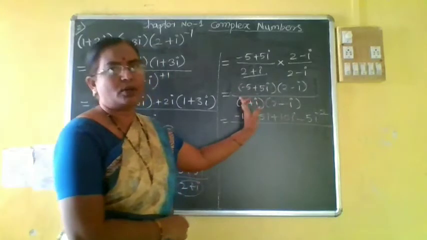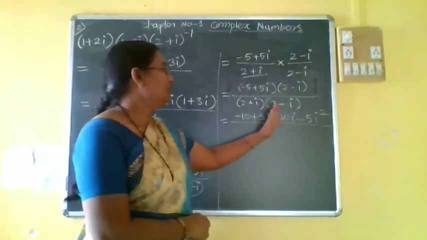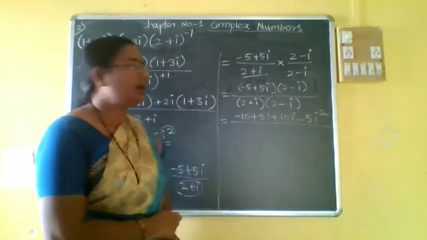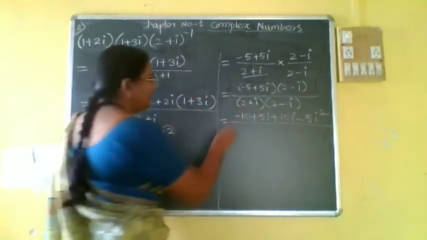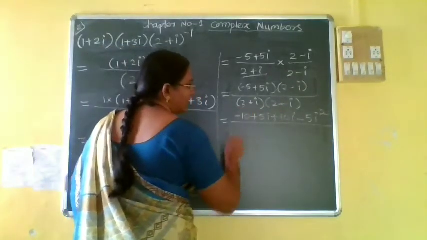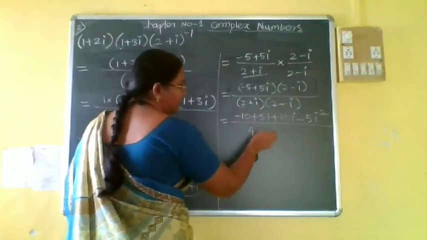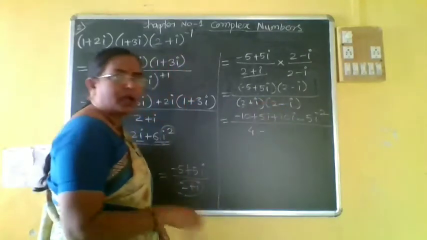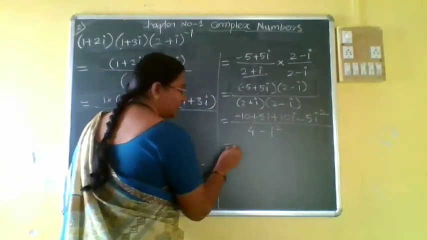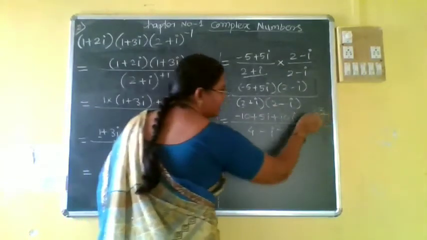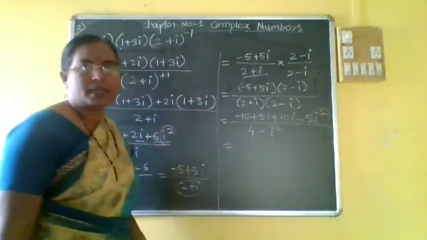It is in the format of a plus b into a minus b. Use the formula a square minus b square. What is a square? a means 2, 2 square is 4, minus b square, b is i, so i square. What is i square equal to? Minus 1.